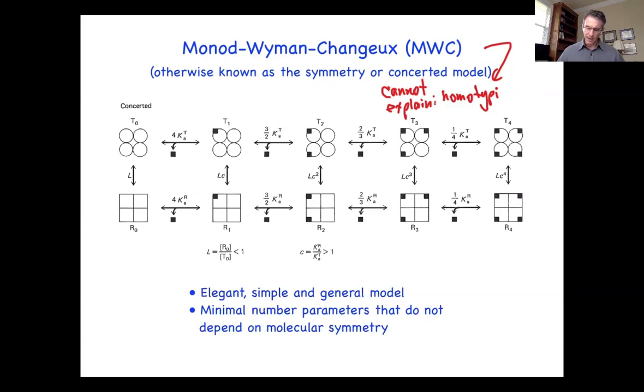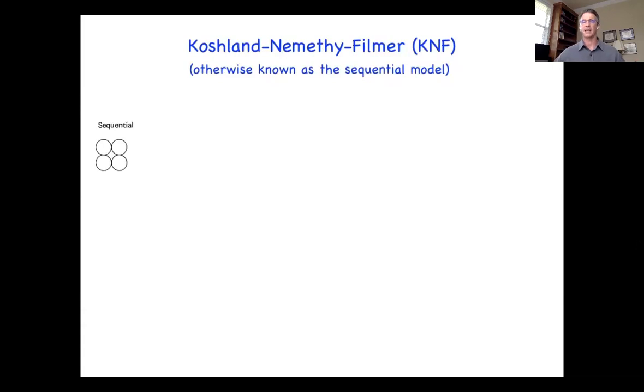Okay, so that led to a bunch of arguments about whether negative cooperativity even exists, right? It does, right? So now what? Okay, well, that brings us to the second group. And it turns out they were working at almost exactly the same time as Monod, Wyman, and Changeux. And this was a group of guys centered around Dan Koshland, who's a famous enzymologist at the University of California at Berkeley.